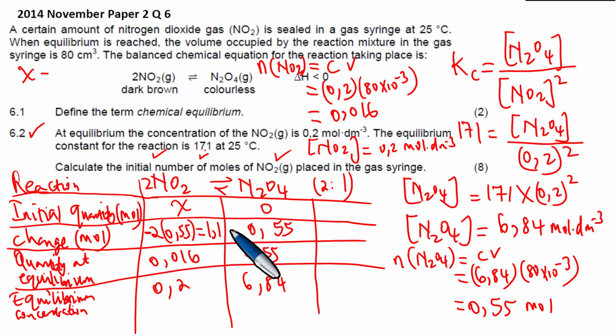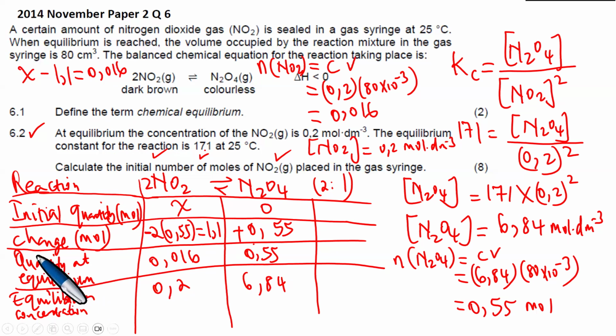And this one you can put plus. Sometimes it helps, because at the level of the change, that's where you can put the signs. So we're starting with X, and then the change is minus because it's what we started with, and it's undergoing reduction. So we have X minus 1.1, which must equal the quantity at equilibrium, which is 0.016.